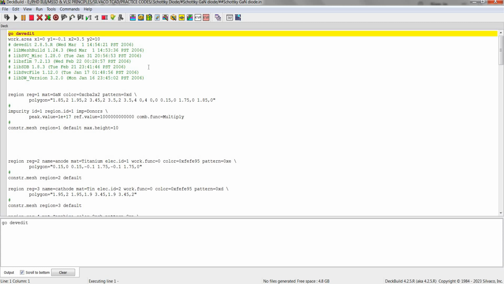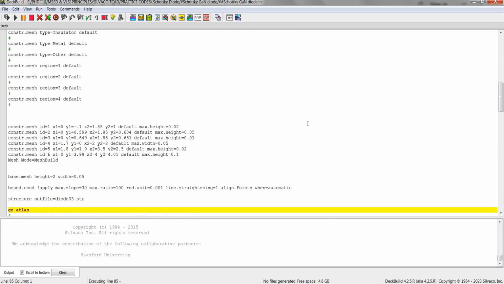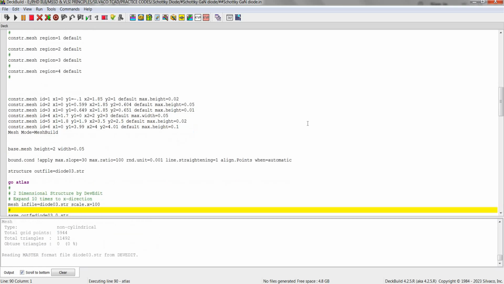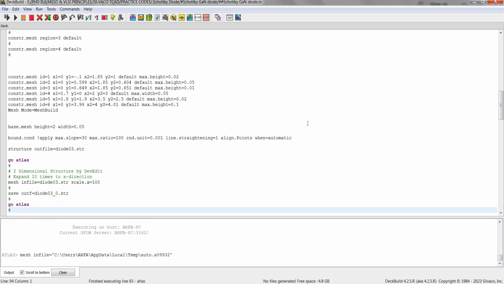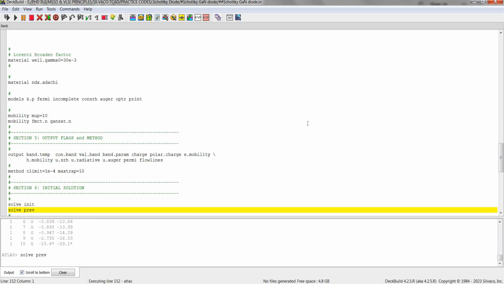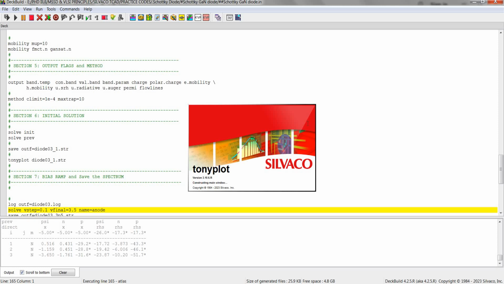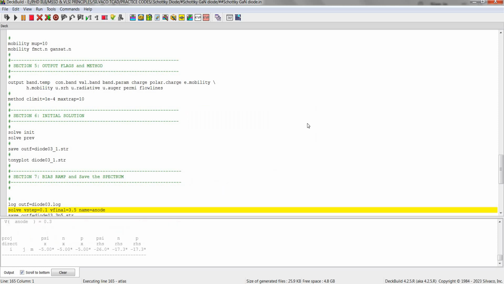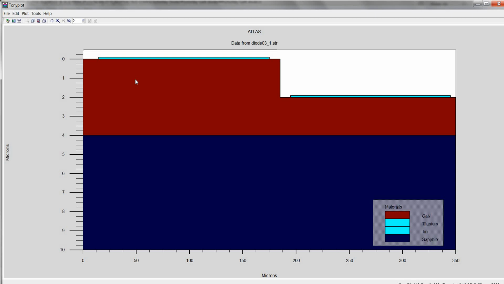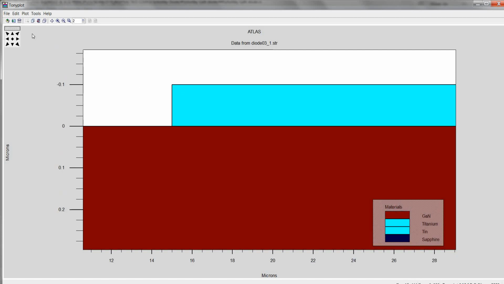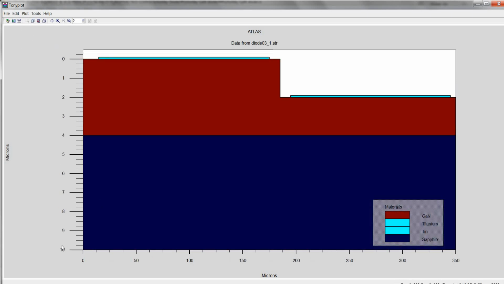Let me run the simulation so that I can show you the structure. Here is our structure. In x direction it runs from 0 to 350, and in y direction from minus 0.1 to 10.